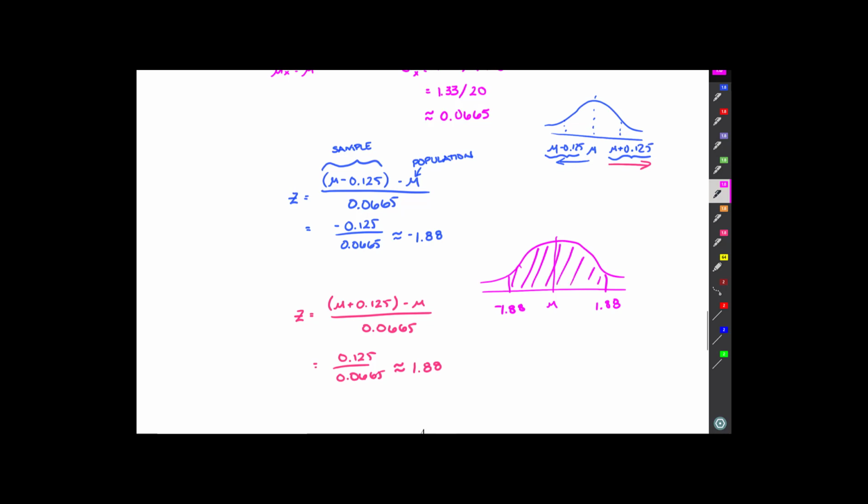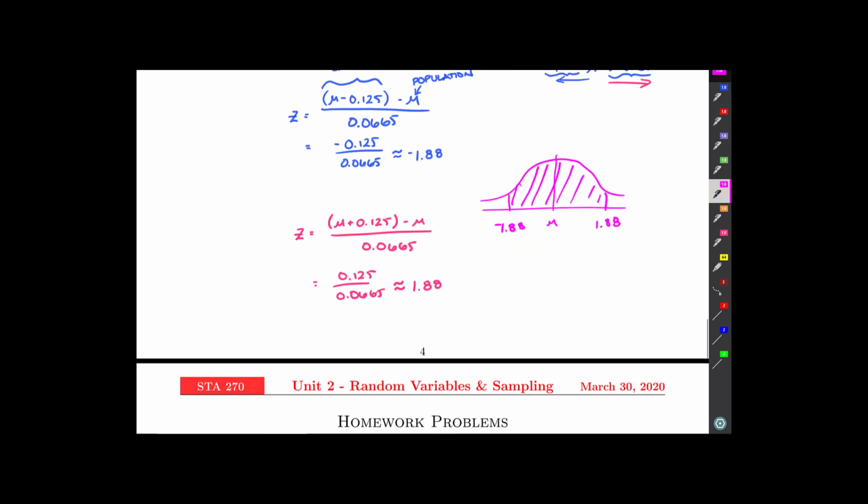So if we go back to our z-table, you can find that the area under the standard normal curve between negative 1.88 and 1.88 is equal to, so we're taking this value minus this value. I'm not going to go back to the z-table. Hopefully you guys know how to use that at this point.